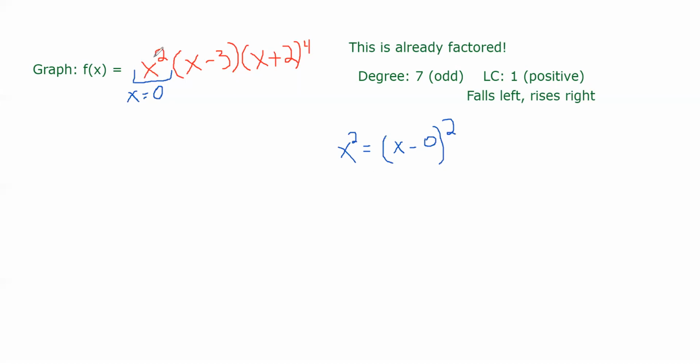So this here is a root of x equals 0, and its multiplicity then is going to be 2 because it's x squared. There's a squared up there. And 2 is an even number. So that means when we graph this, it's going to approach the x-axis, just touch it and go back the way it came.